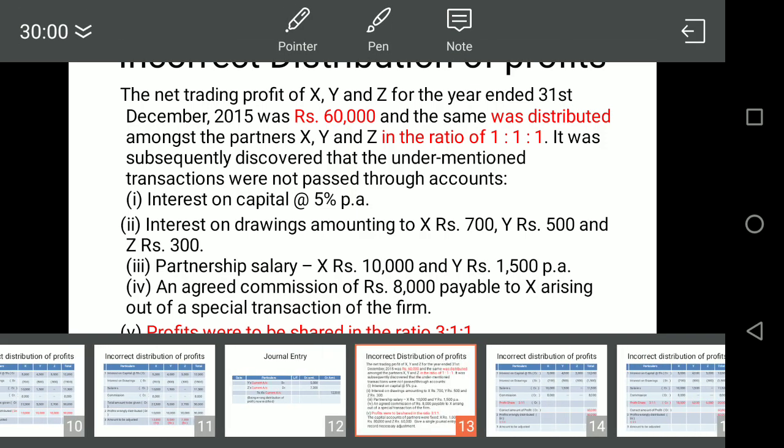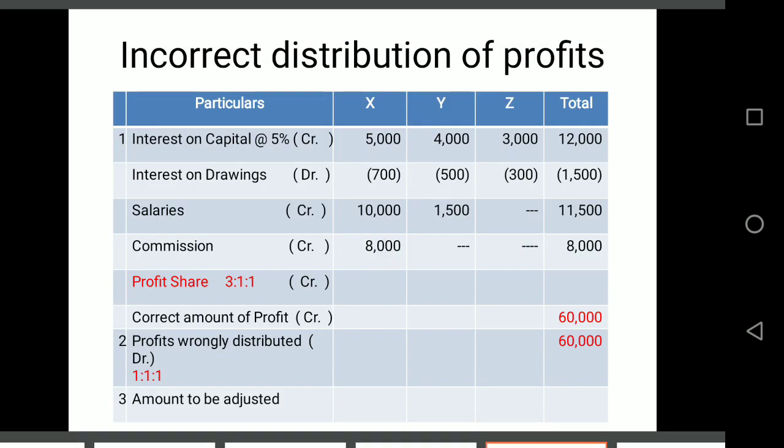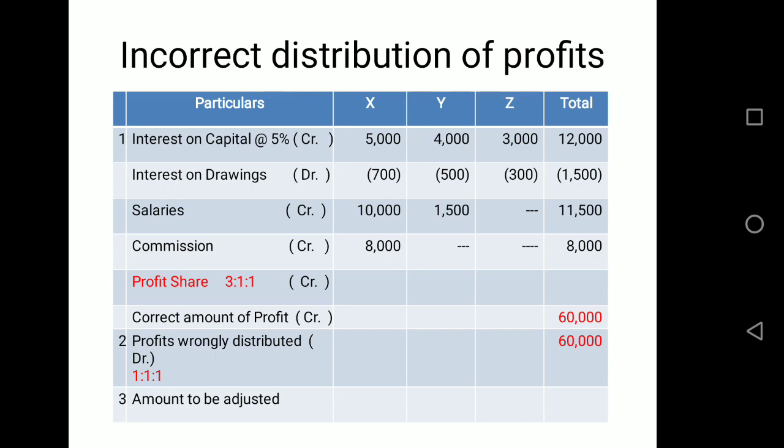So now let's understand this with the help of the table. I have already done the previous part. Interest on capital is to be credited, interest on drawings is to be debited, salary and commission. This part is calculated similarly as we have done in the previous one. Then we have to write one more column, profit share, and that is to be given in 3:1:1.